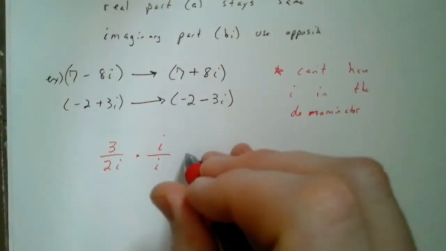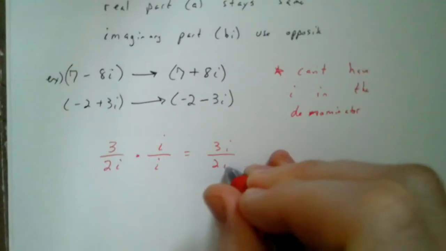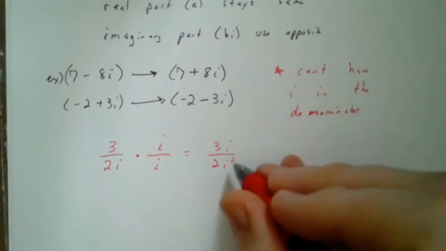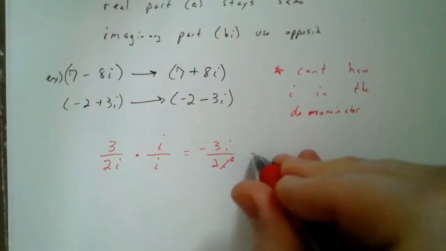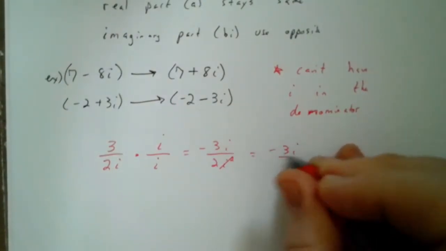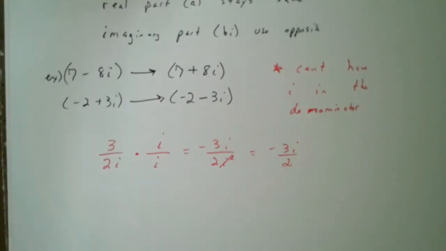Now I end up with 3i over 2i squared. And we know that when we see i squared, we cross it out and change the sign. So we end up with negative 3i over 2. Okay? So again, very easy. That's kind of like this trivial case.